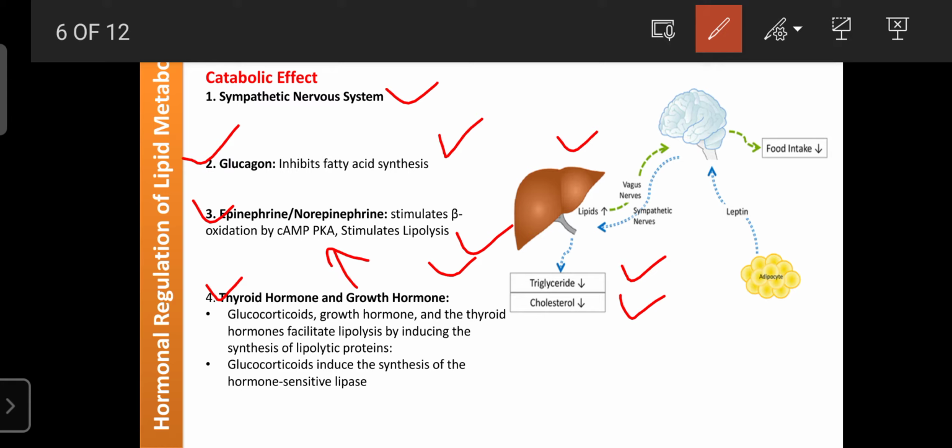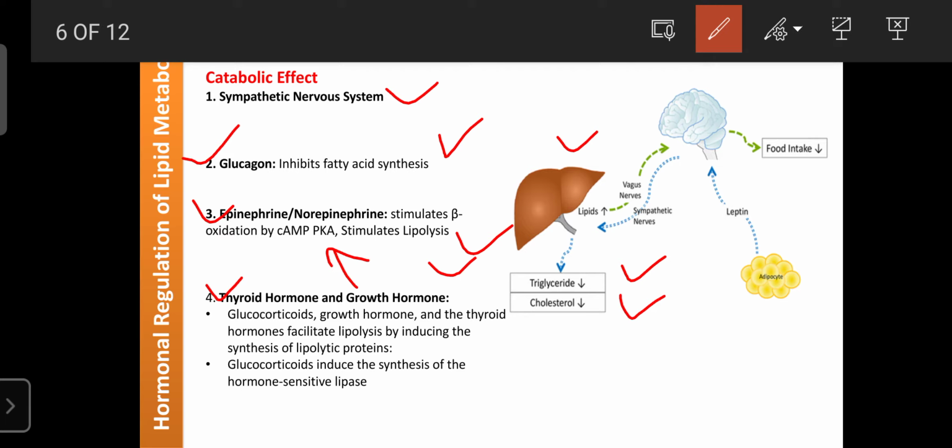As growth is greater, more protein synthesis is required, which requires more ATP, and we get more ATP from the metabolism of lipids, or from beta oxidation. That's why thyroid hormones and growth hormone enhance growth by enhancing beta oxidation, or the metabolism of lipids.